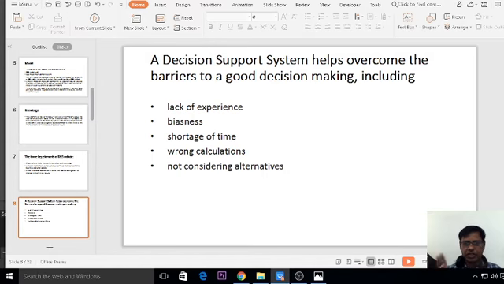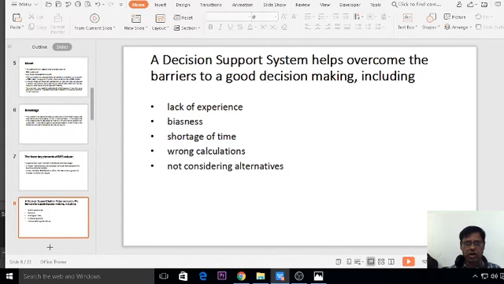With the help of this decision support system, we can overcome the lack of experience and biasness. Biasness is like a balancing biasness, where we should not go out of the balance. And shortage of time, and wrong calculations, and not considering alternatives.